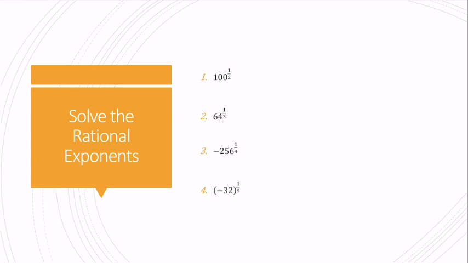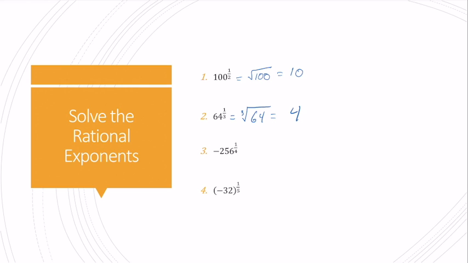So let's solve the following. If I want 100 to the 1/2, that's the same as the square root of 100, which is 10. If I have 64 to the 1/3, that's the same as the cube root of 64, which is 4.